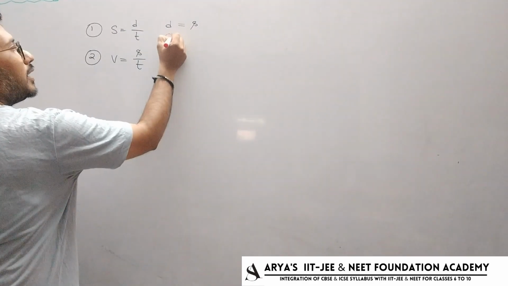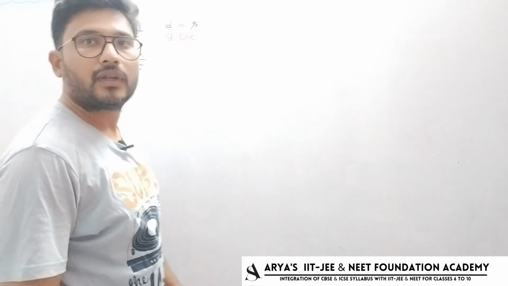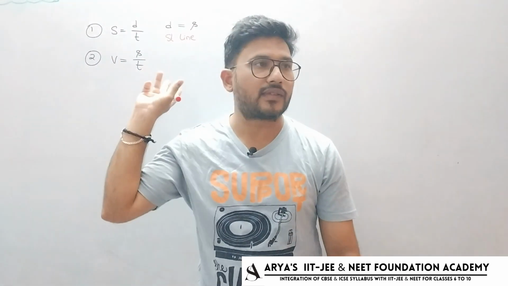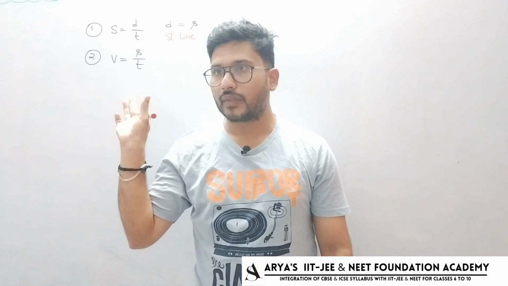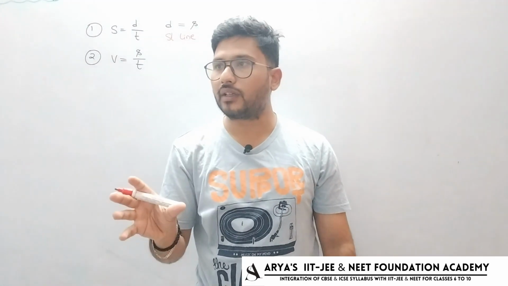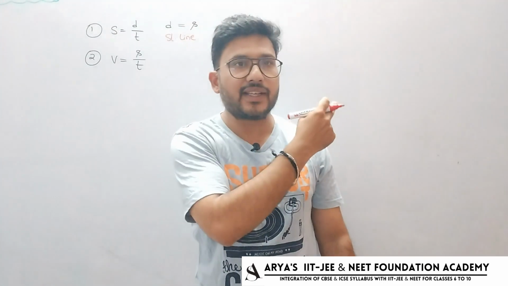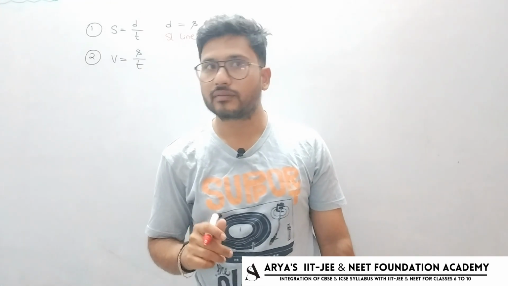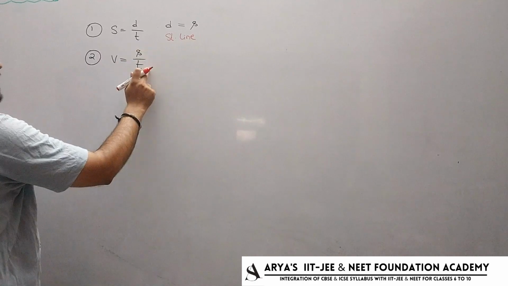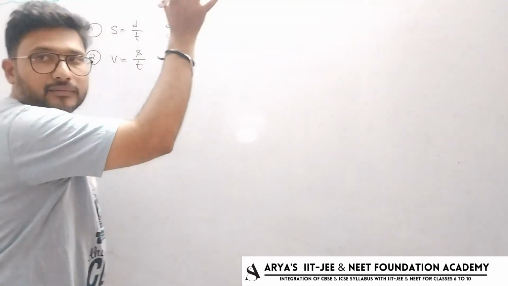When the object is going in a straight line, distance and displacement values will be the same. In 90% of the problems, the same concept you are going to apply. So whenever in a question you observe a body traveling some distance of 20 meter, write S is equal to 20 instead of D is equal to. So speed is equal to distance by time, velocity is equal to displacement by time. Distance and displacement values will be the same when the body is going in a straight line.